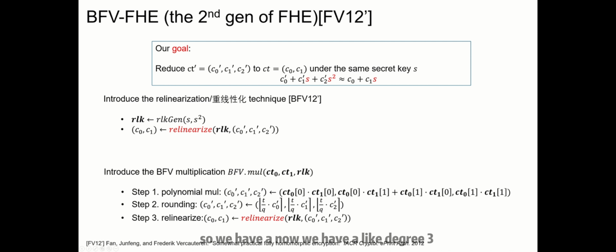So now we have a degree 2 polynomial. Then we do the rounding on this degree 2 polynomial, as shown here. And finally, we invoke the relinearize algorithm to reduce these 3 coefficients into 2 coefficients. Now this is essentially an encryption of the message M0 times M1.